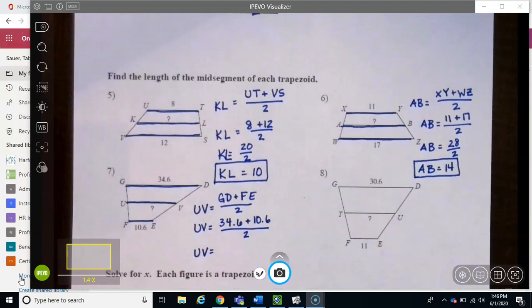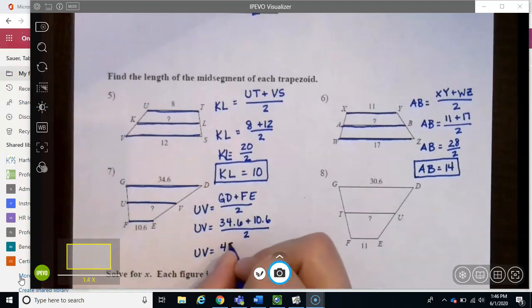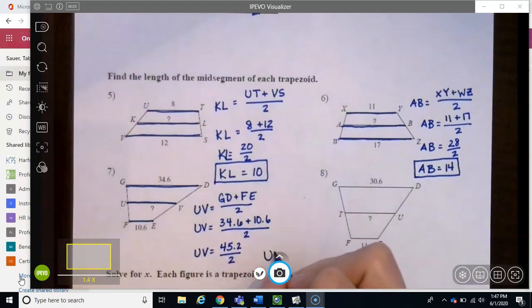So 34.6 plus 10.6 gives me 45.2. And then when you divide that by 2, you get 22.6.